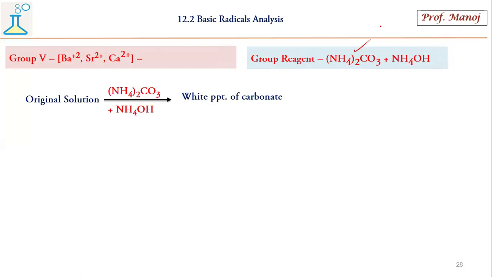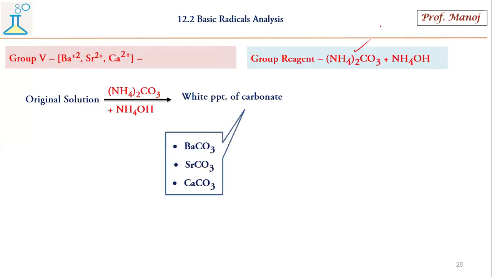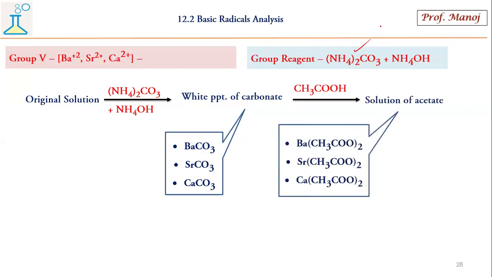Now, whose white PPT can this be? It could be of barium, strontium or calcium. This PPT is further treated with acetic acid, and that carbonate reacts with acetic acid to form either barium acetate, strontium acetate and calcium acetate.